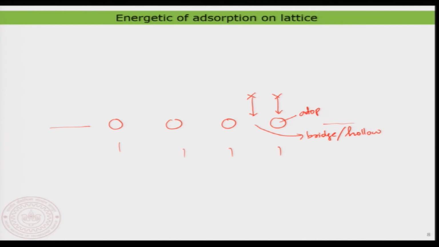Of course, in the side view we cannot distinguish the bridge and the hollow, but the atoms can come to different sites. Now, you see the point. As I have already mentioned in the previous slide, depending on the coordination number that the atom gains on the surface, the adsorption energy will be higher than in the other situation.